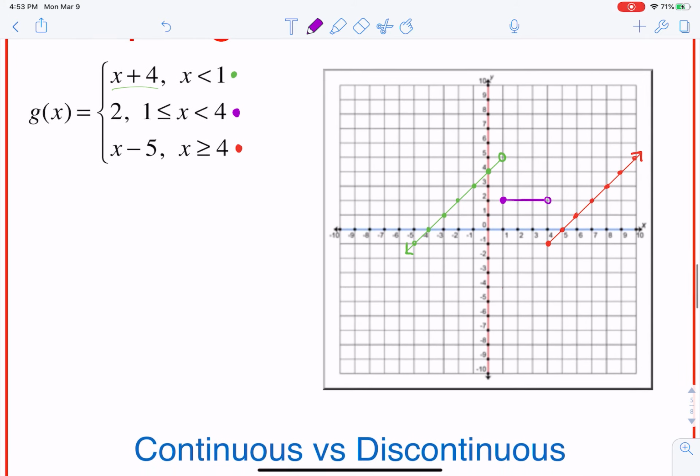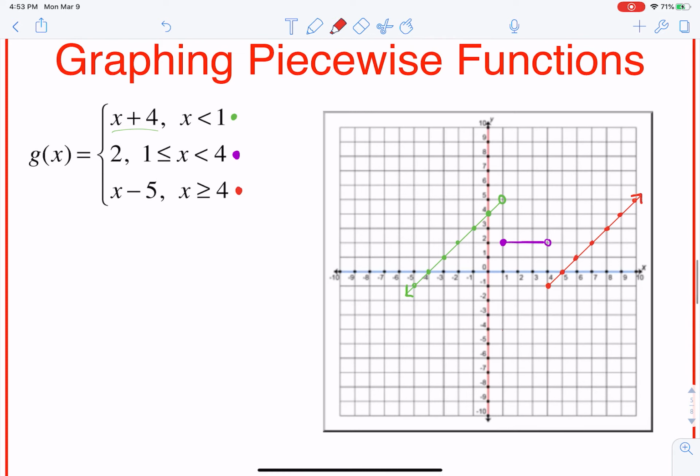So if we have continuous versus discontinuous down here, if I were to try and draw over this function, although my domain has no holes in it, my actual function is not totally smooth and what we would call continuous. So I can see that everything sort of does have a value where it belongs.